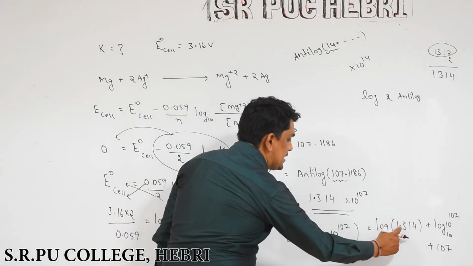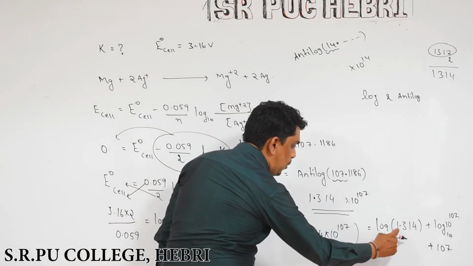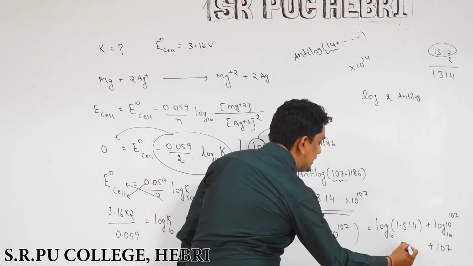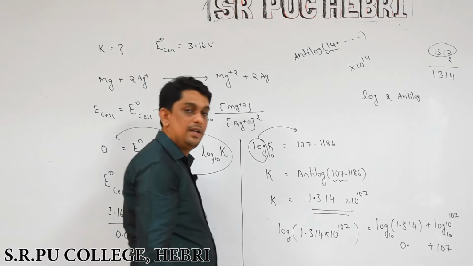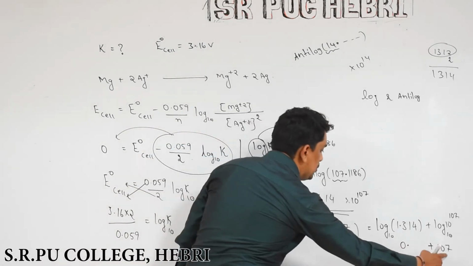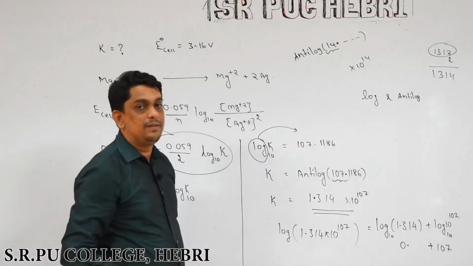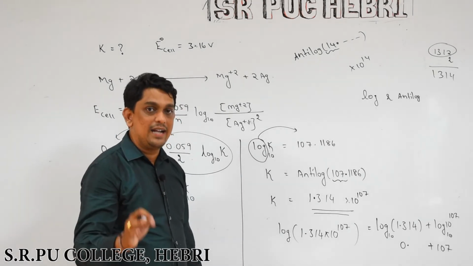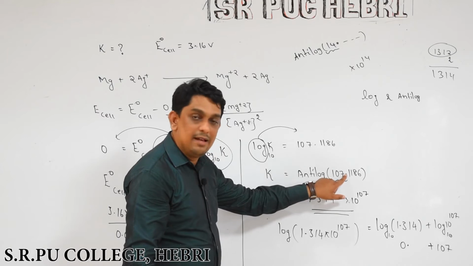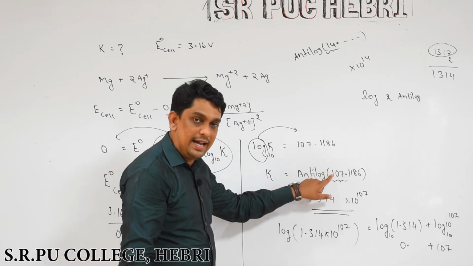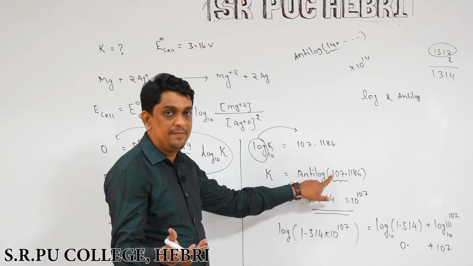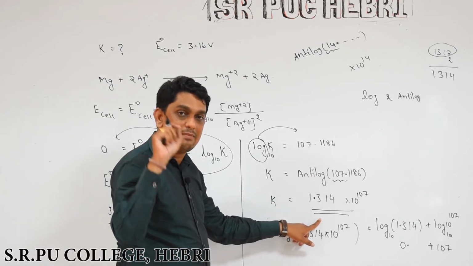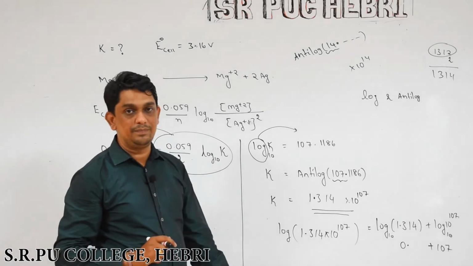Now, log of this value: before the decimal point there is 1 digit, 1 minus 1, so the characteristic becomes 0, that is 0 point something. When you add up these two, you will get this. That's the logic I am using to say that whatever value is before the decimal point should become the power of 10. And after writing the final value, always locate the decimal point after the first digit.